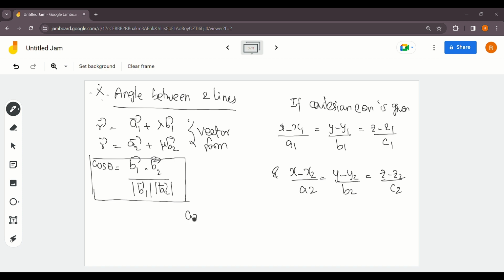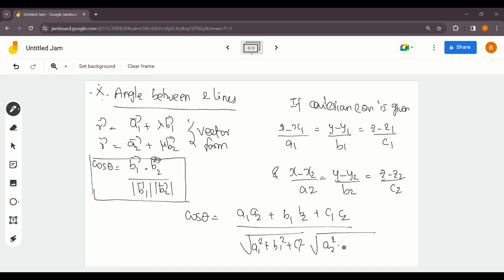Then the formula for cos theta is a1 a2 plus b1 b2 plus c1 c2 by root of a1 square plus b1 square plus c1 square into root of a2 square plus b2 square plus c2 square.